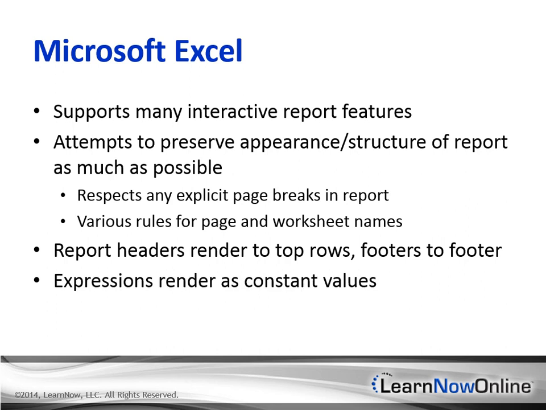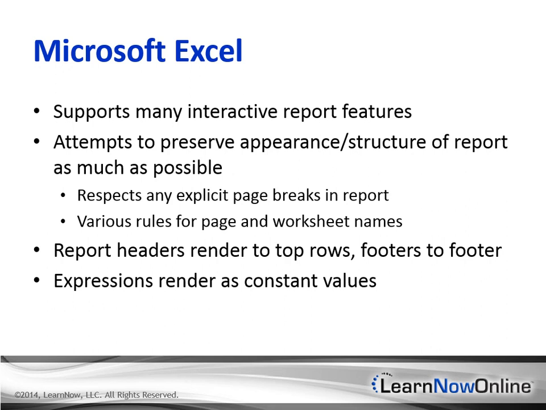Any expressions in the report will appear as constant values, including the results of conditional formatting expressions. The formatting will appear correctly in Excel, but it's no longer based on the data. So you change the data, the formatting is no longer going to change with that data.